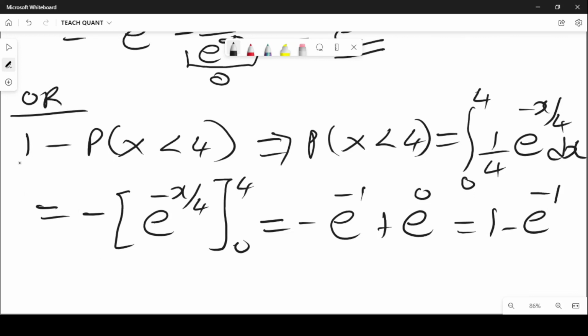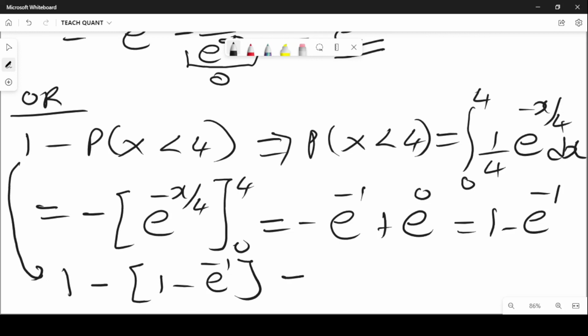Applying this, it will be 1 minus 1 plus e raised to the power minus 1, and that is e raised to the power negative 1. And so the two are equivalent. Whichever step I took, I'll end up with the same solution.